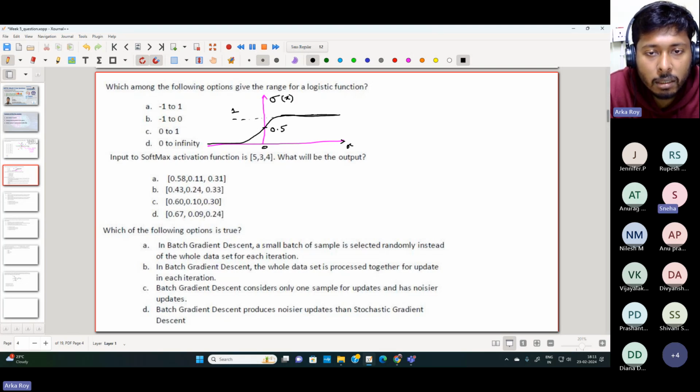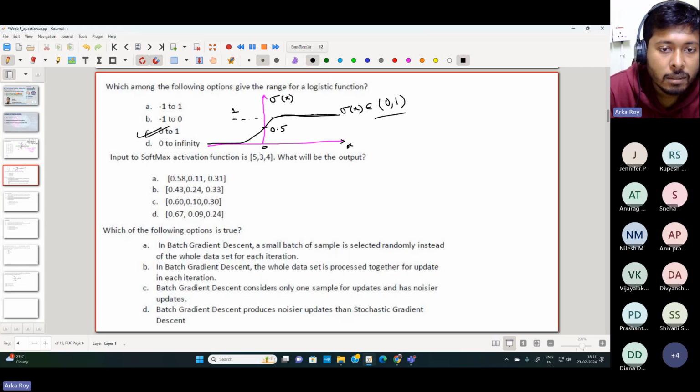At x equal to 0, you will get 0.5. So this is how sigmoid looks like. So what is the range of the sigmoid function? It ranges from 0 to 1. So sigma x basically ranges from 0 to 1. This is the final answer for this particular question.